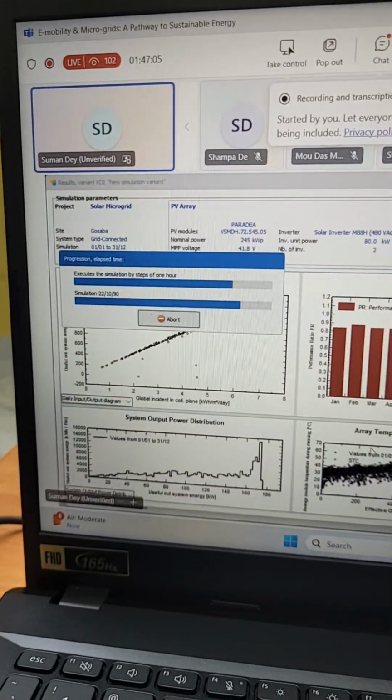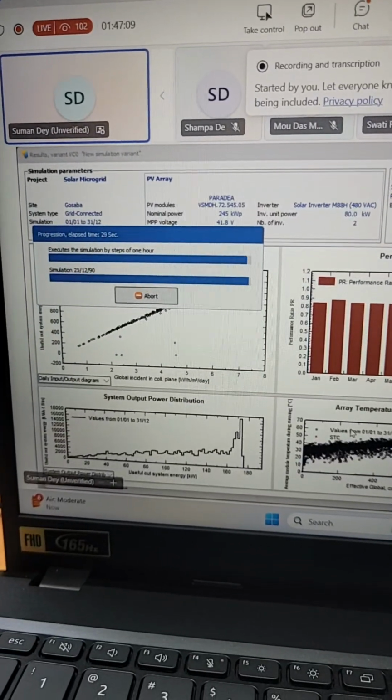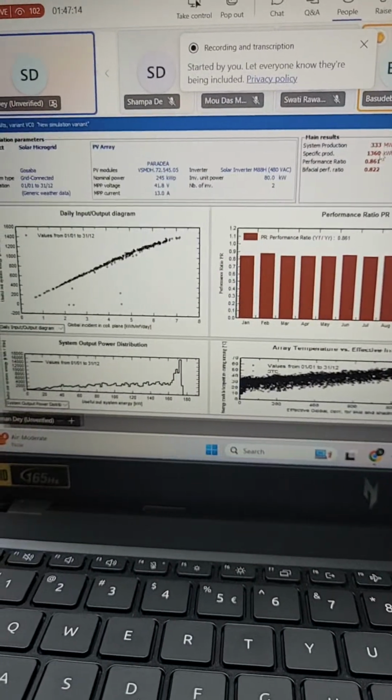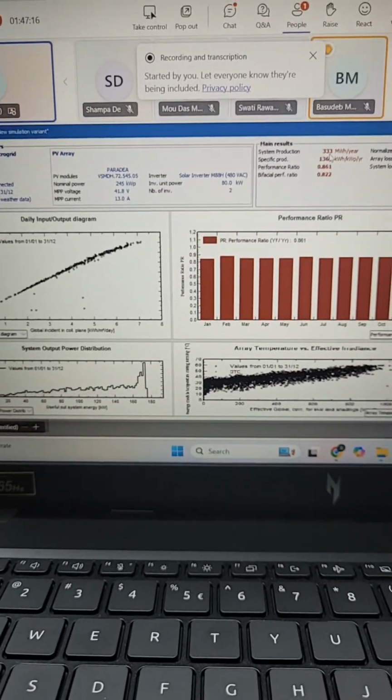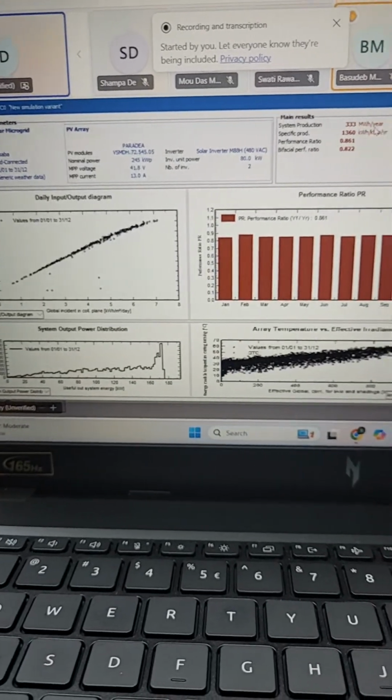We have seen that the load requirement, considering 20% of the battery, is 333 kilowatt hour. So if we install that 245 kilowatt, then we will be getting 330 kilowatt hour of energy in a year.